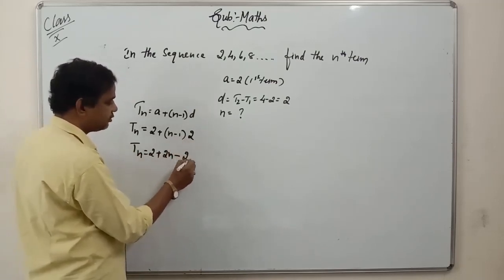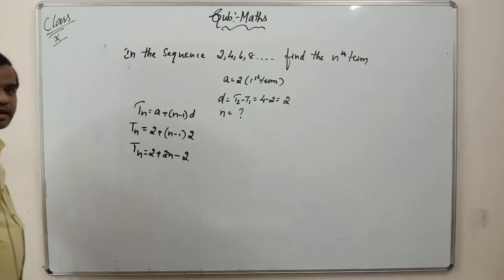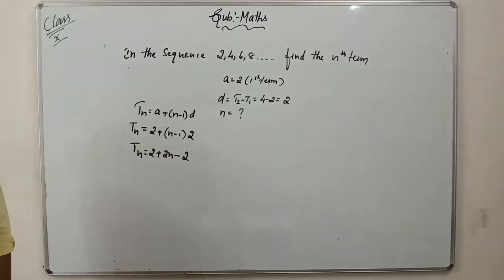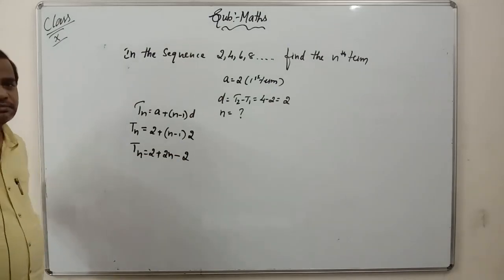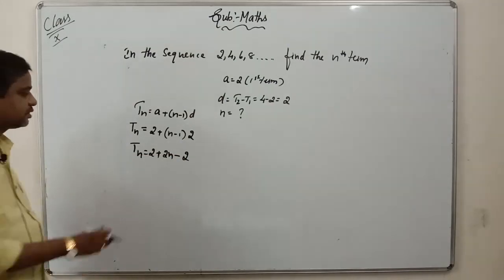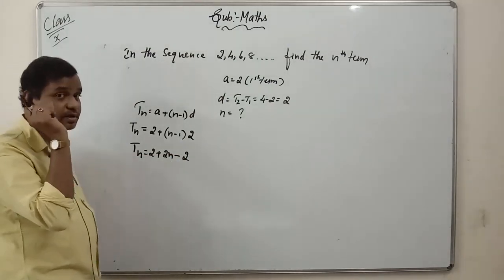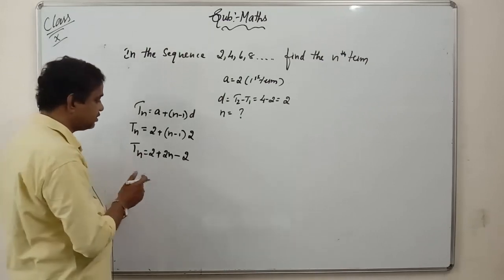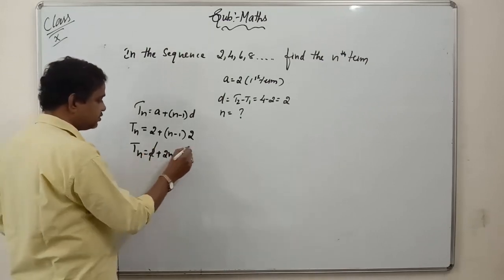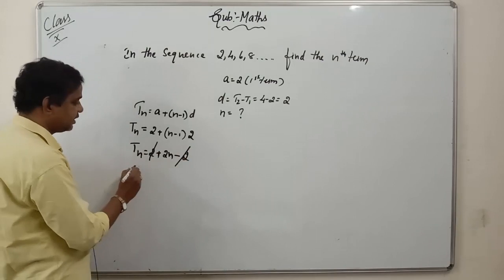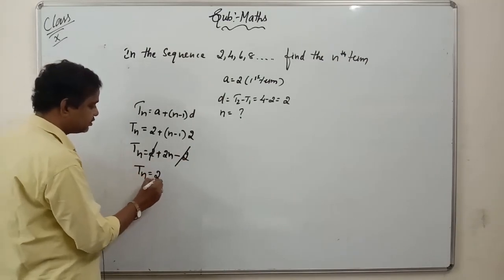I'll be telling you many times, don't cancel directly, write down the next step and cancel, because that is the rule. If you cancel directly, you may lose marks. Here I'm cancelling directly, but you should not cancel. I told you many times also. So plus 2 minus 2 cancels, and remaining is Tn equals 2n.